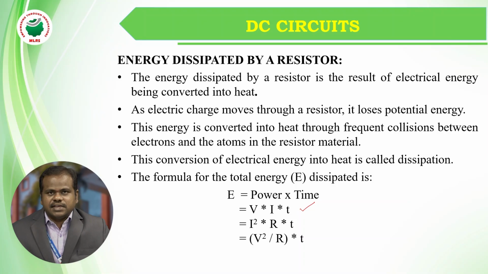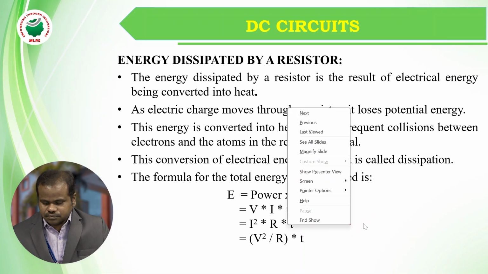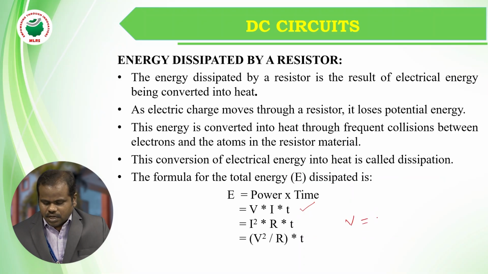As there exists a linear relation between voltage and current in a resistor, voltage is directly proportional to current, or it is given by V equal to R into I. So from this, by substituting I into R in place of V, we get the relation as I square into R into T. Similarly, the same voltage current relation in a resistor can be expressed as I is equal to V by R. So from this relation, substituting the same in the second equation, we get the relation for the total energy dissipated as V square by R into T.